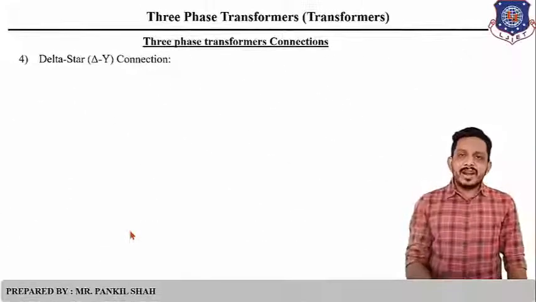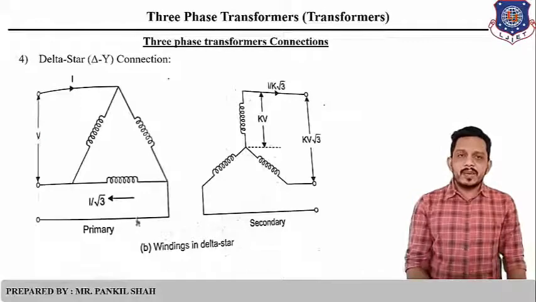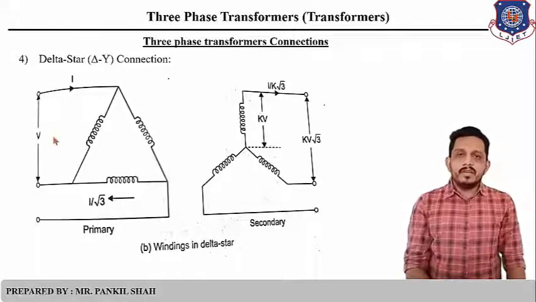Now let's see the winding diagram for the delta-to-star connection. The primary is connected in delta, the secondary is connected in star. In the primary, the voltage will be the same but the current will be different. The line current will be I and the phase current will be I by root 3.